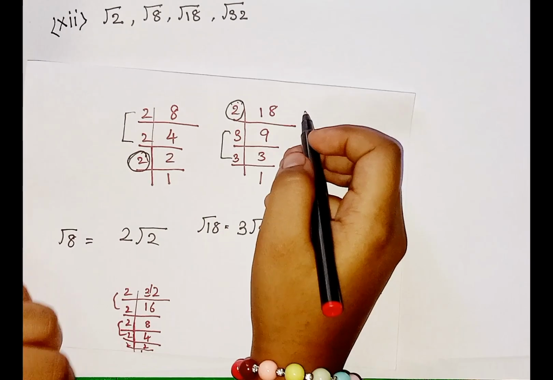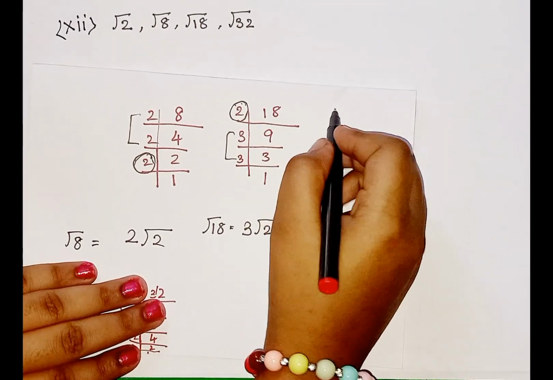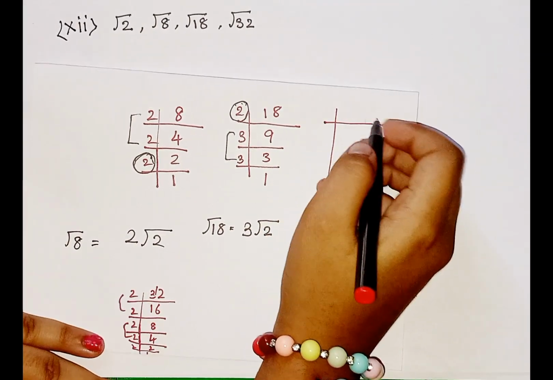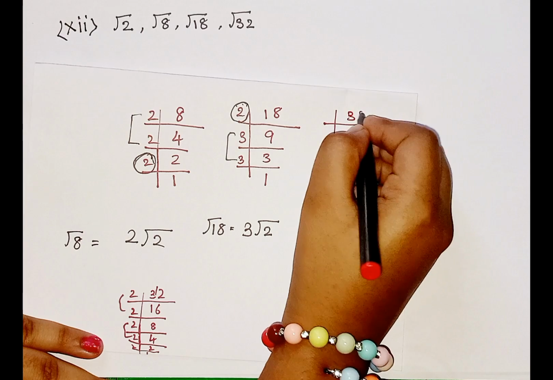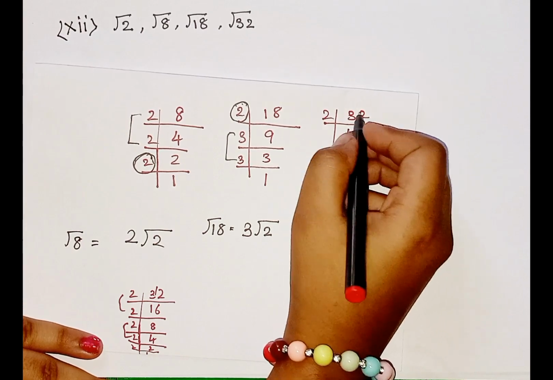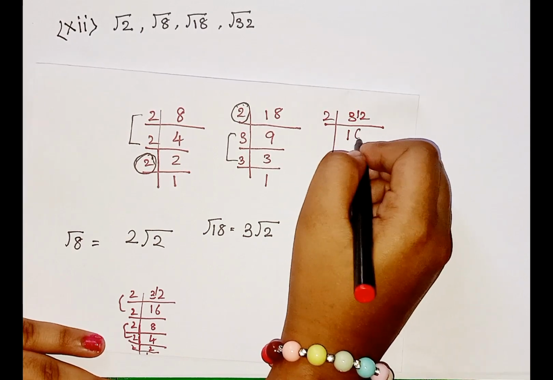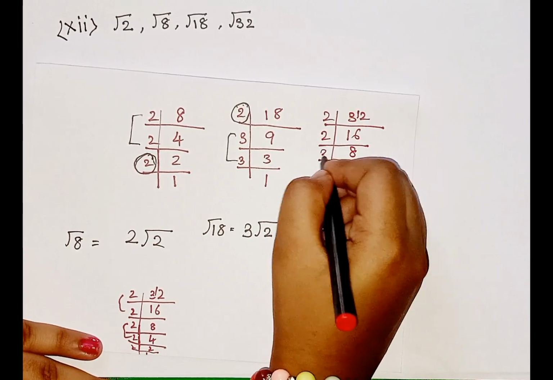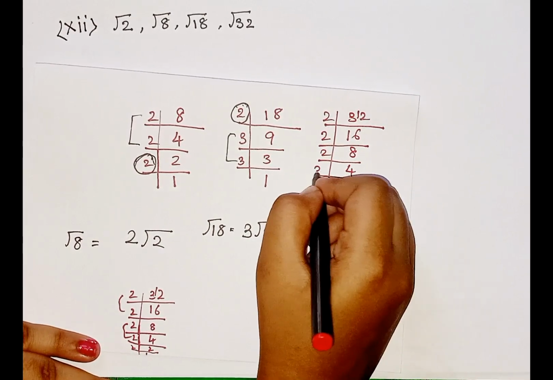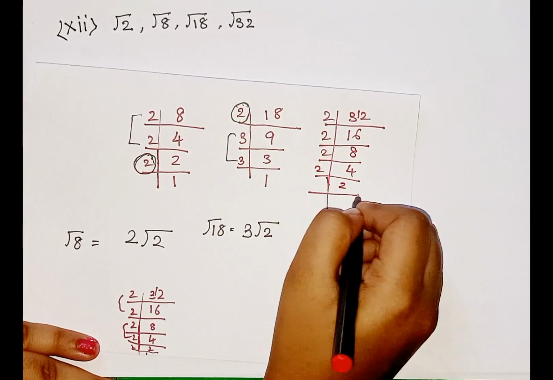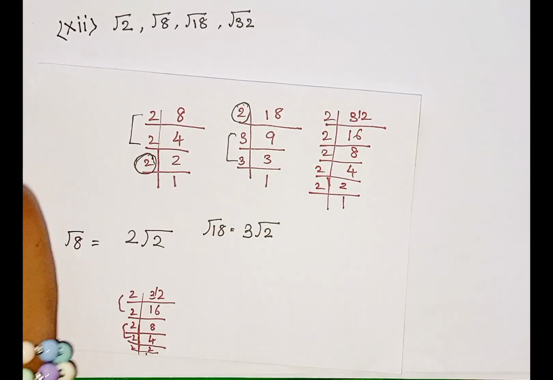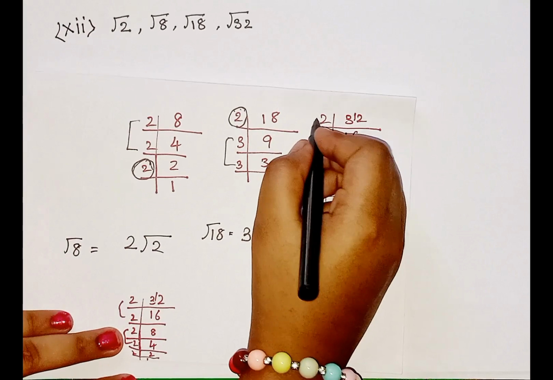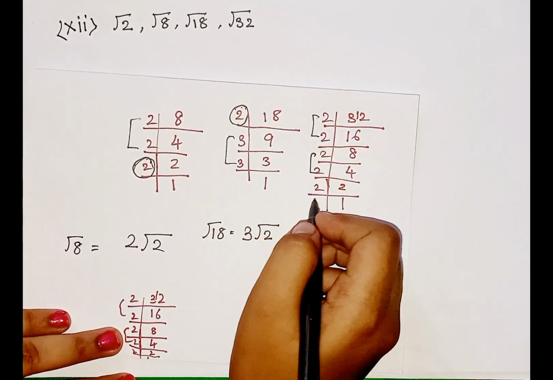I'll do it for 32 as well. For 32: 2 ones are 2, 2 sixteens are 32, 2 eights are 16, 2 fours are 8, 2 twos are 4 and 2. Here we can take pairs, right? Here 2, here 2.